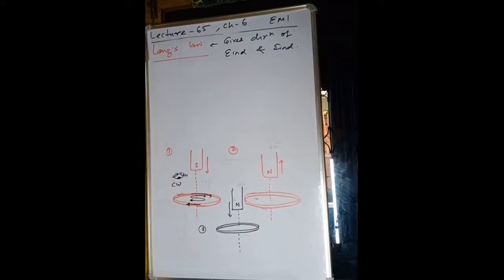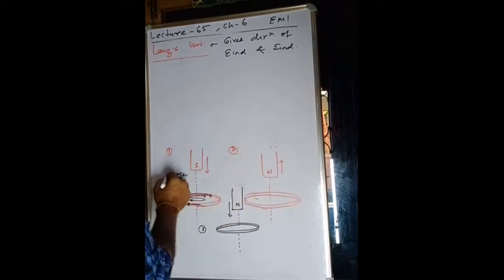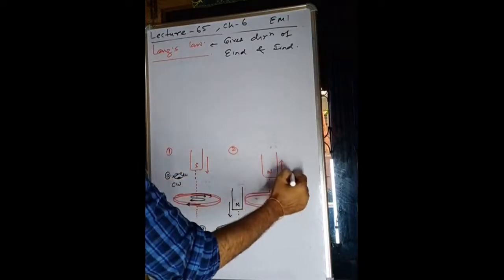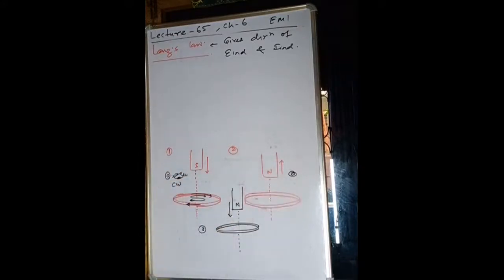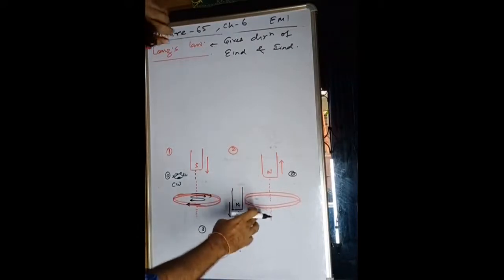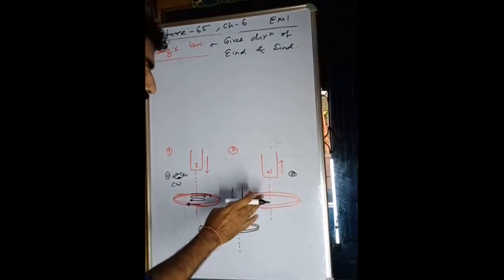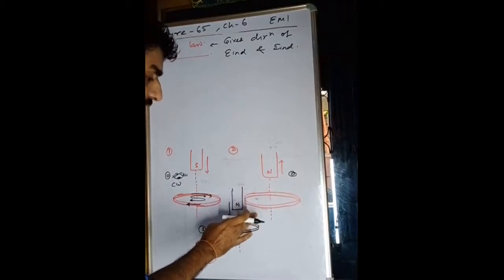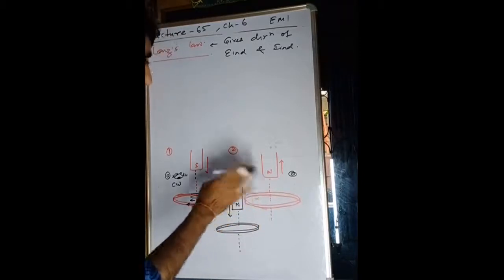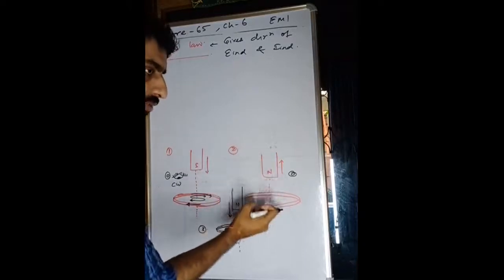Now here, if the observer is here, for this observer the north pole is going away. Then to oppose this, the coil will induce an electric current, because it does not want the north pole to go away. So it will start attracting.